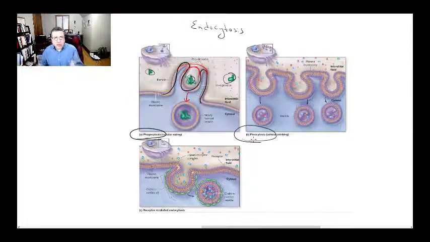So with phagocytosis, you're taking a solid substance in. Pinocytosis, the cell's taking a drink of wine. All right, pino, wino. I know it's weird. So it's the same thing. The cell membrane kind of wraps around some liquid and pulls it into the cell. That's all that basically is.